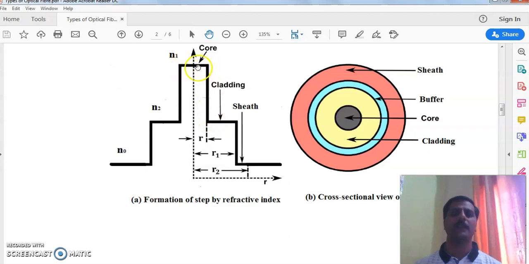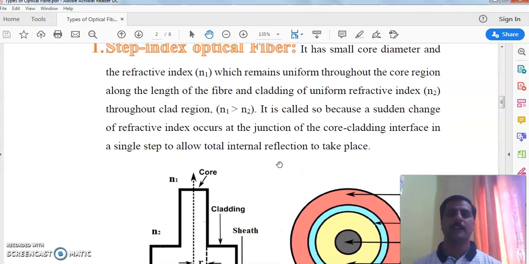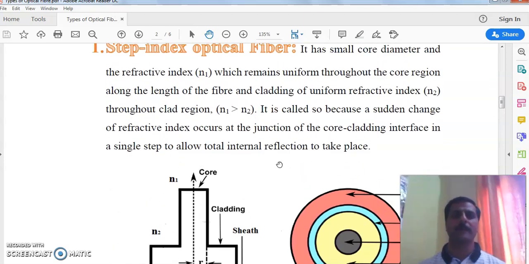Now you have to remember that in step index optical fiber, the refractive index of the core remains uniform within the core region and has its maximum value in the core, and then decreases at the interface all of a sudden, and then again becomes uniform in the cladding, and at the boundary there is again a decrease and then again becomes uniform. So now this is the step index optical fiber.